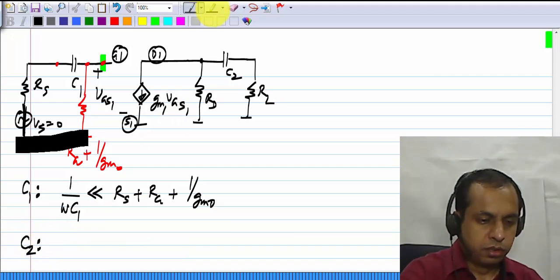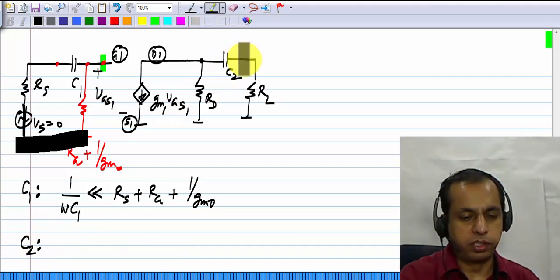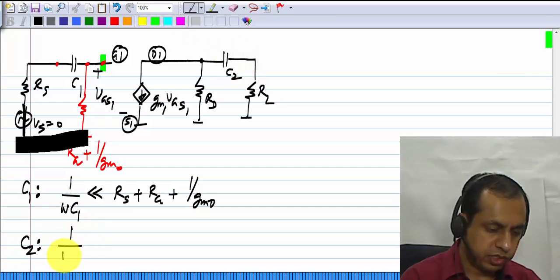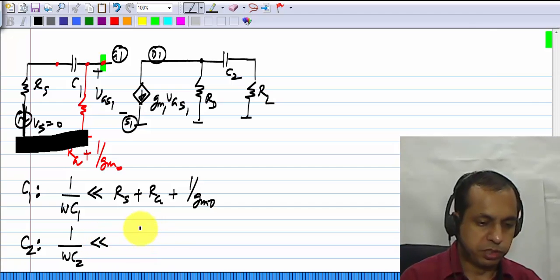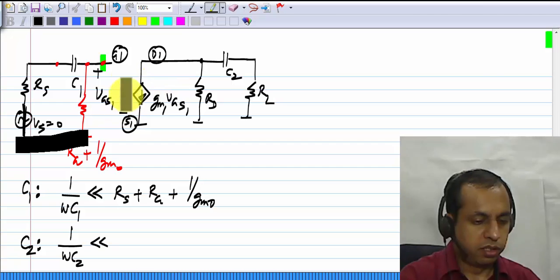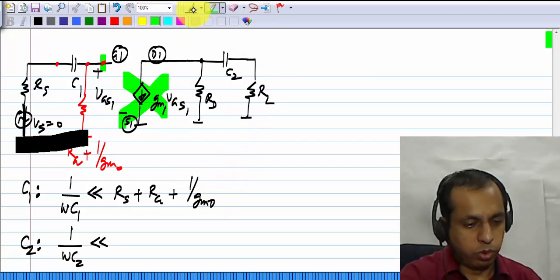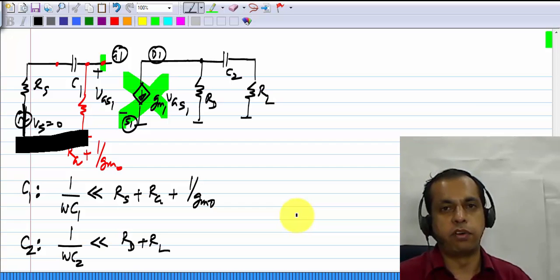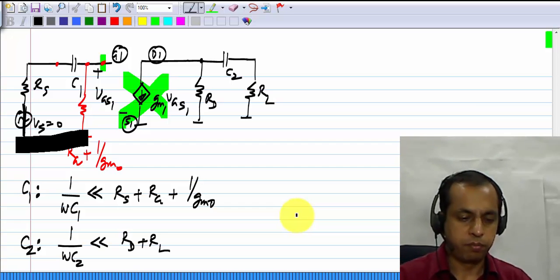Similarly, for C2 to appear like a short circuit, its reactance should be much smaller than whatever appears across it, and with the source nulled, this current source becomes an open circuit, so what we have is just Rd plus RL, exactly the same result we had from the original common source amplifier.